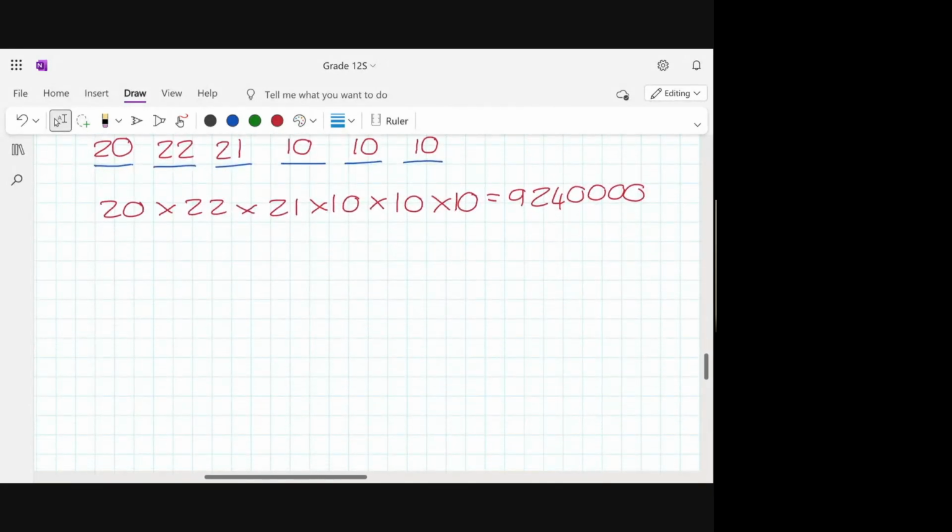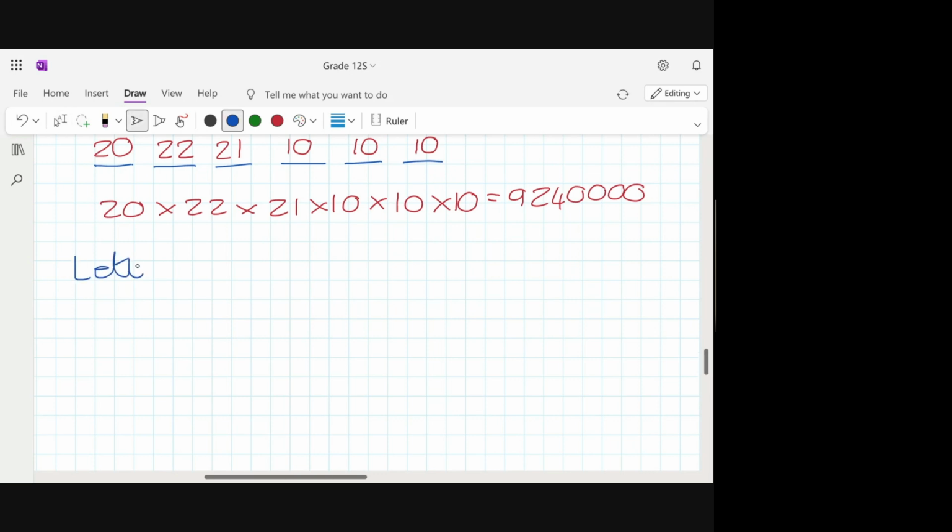So now we have to work out what's the probability that, out of these 9,240,000 number plates, they contain one vowel and end with an even digit. All right, so let's break it up again.